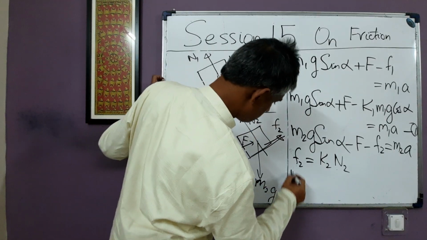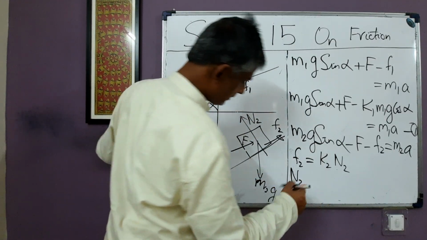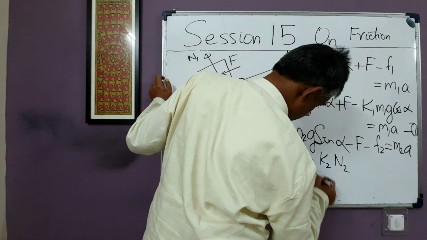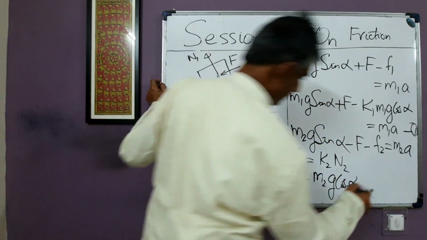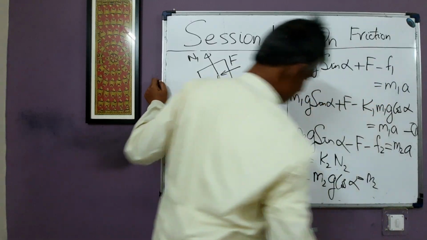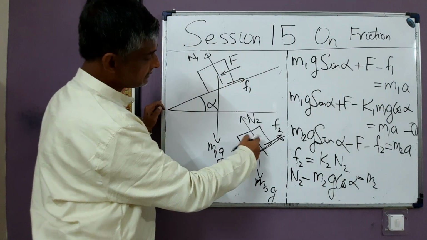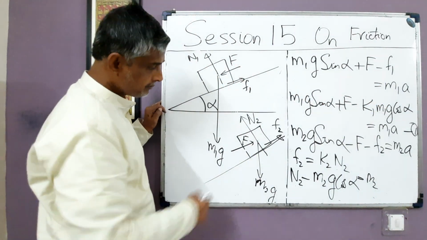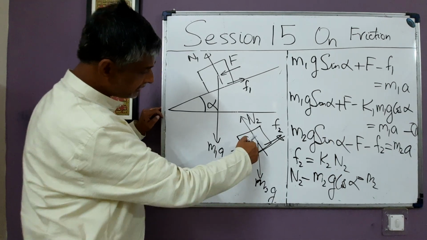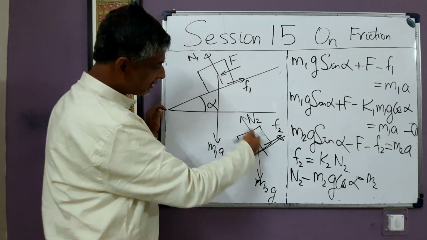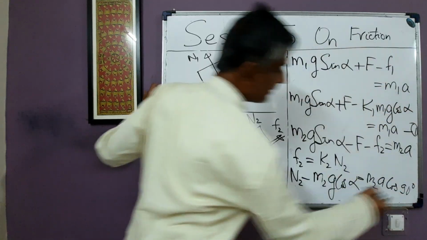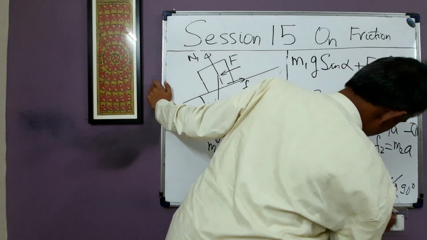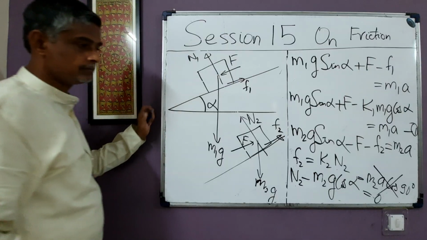So N2 minus m2g cos alpha is equal to m2 times the acceleration of this block with respect to ground in this direction. But the acceleration of this block with respect to ground is a down the incline, so the component of a in this direction becomes a cos 90 degree. But cos 90 degree is 0, so this term goes away and the right side becomes 0.